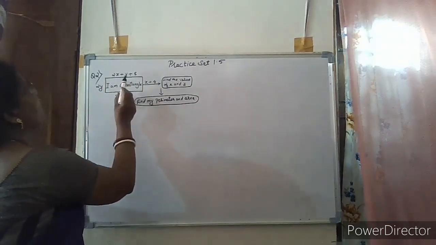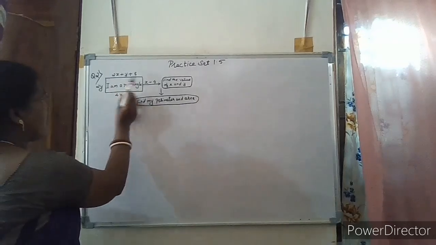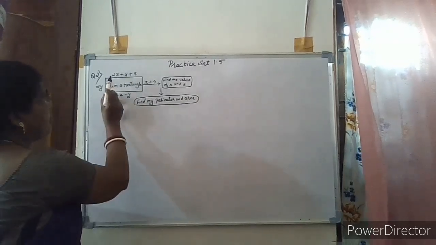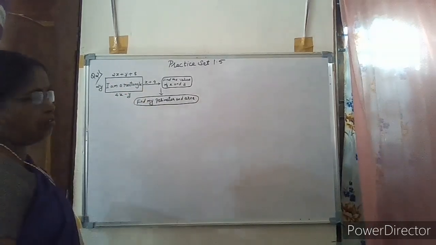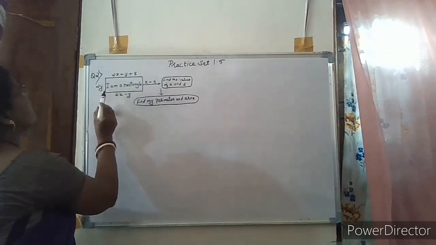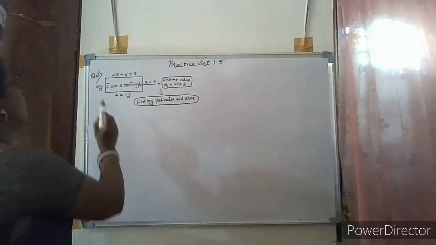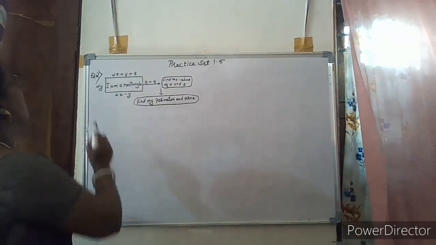You know that the opposite sides of a rectangle are equal. So this length is equal to this. Therefore, this equation is also equal to this. Now come to the breadth here. You know that opposite sides are equal. So this breadth is equal to this breadth.